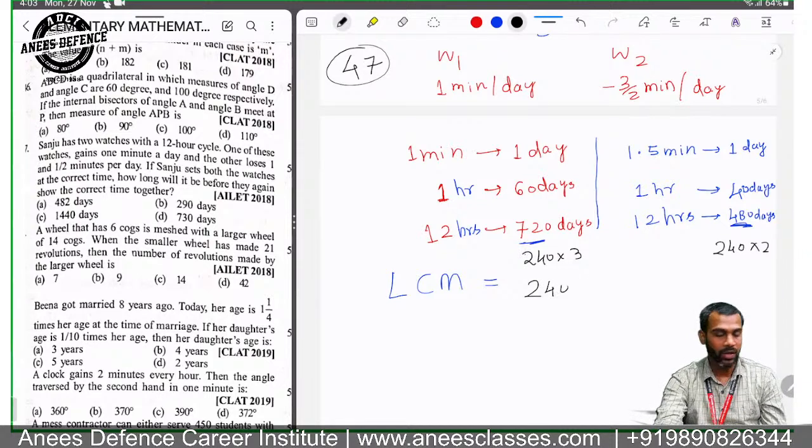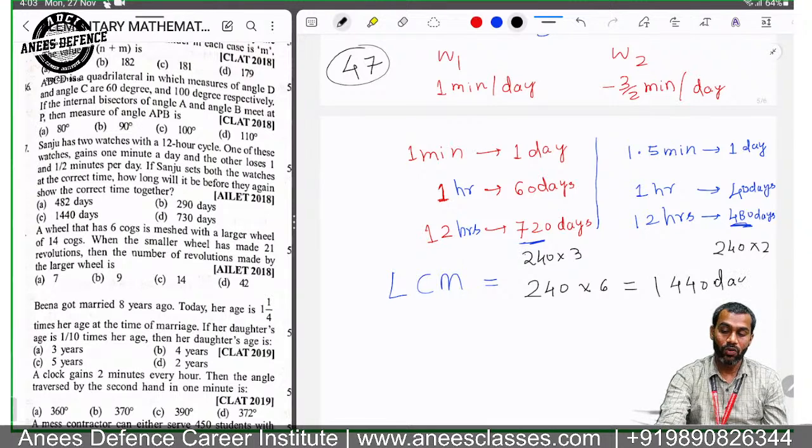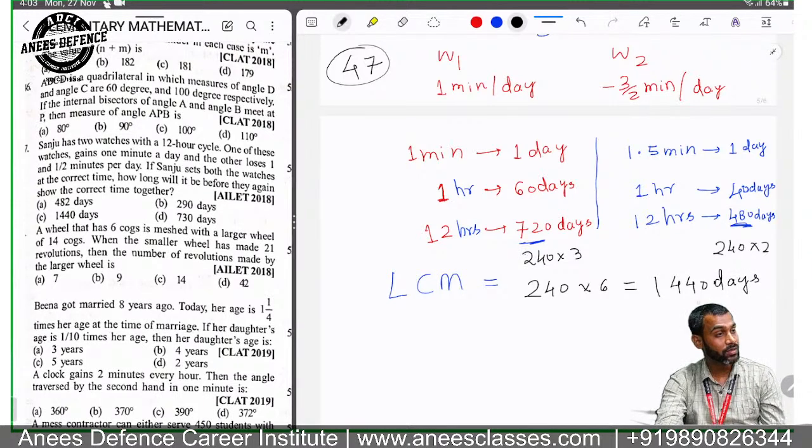For LCM, the common number will come once. And now we need to find the LCM of 2 and 3. That is 6. So the answer is 1440 days. So after 1440 days, around 4 to 5 years, both watches will show the correct time. I hope it is clear.